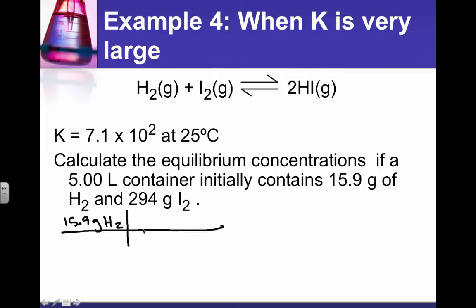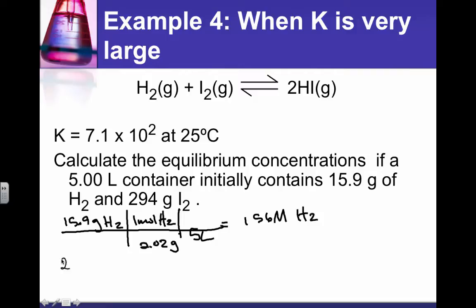So I'm going to go from grams to moles. 1 mole of hydrogen gas, H2, is diatomic, weighs 2.02 grams, and I need moles over liters, so I need my 5 liters on the bottom. That gives me 1.56 molar hydrogen gas concentration.